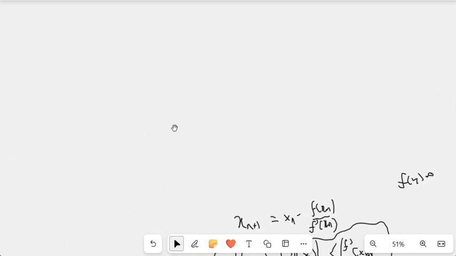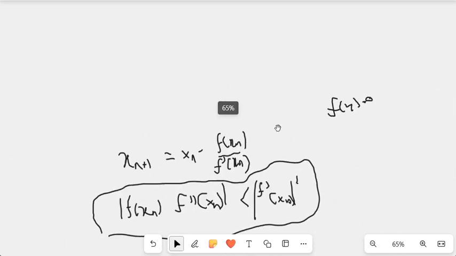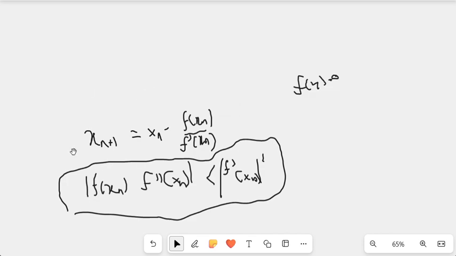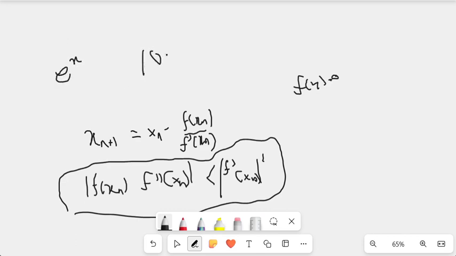So this is quite a good method to find roots, especially for functions that include e of x. Let's say you have 10x minus e of x equals to 0. This is a good way that you could compute and find the roots.